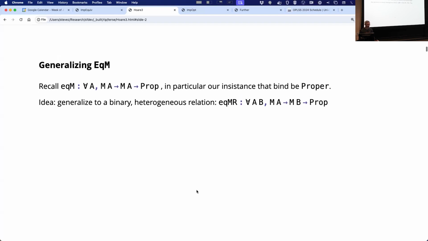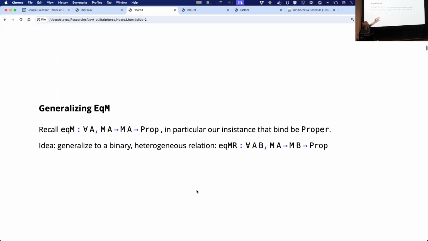And the trick is actually going to be, remember, we introduced this notion of EQM, which is just this type class, or this way of saying that, whenever we have monadic computations, we have to spell out what it means for them to be equivalent.